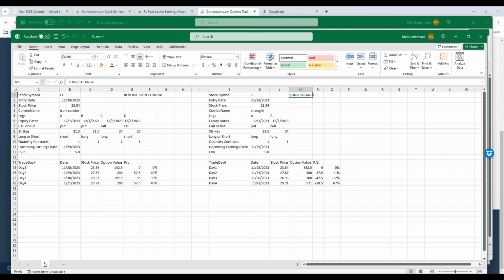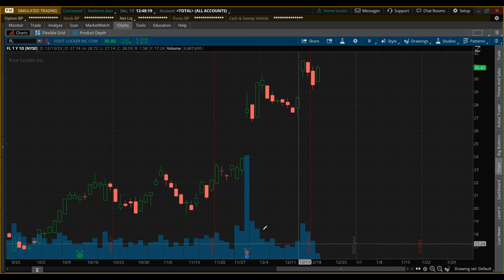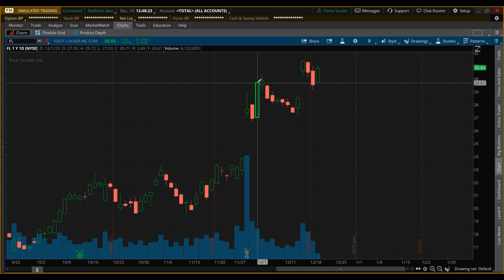Because the stock just kept going. And there is December 1st, and the stock just kept going, had a very strong day, and ended up here at the $29.73 zone. Okay.